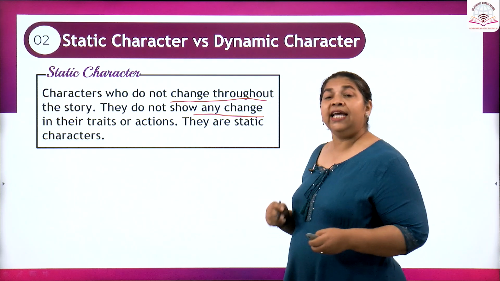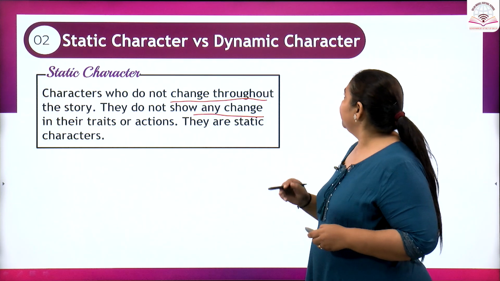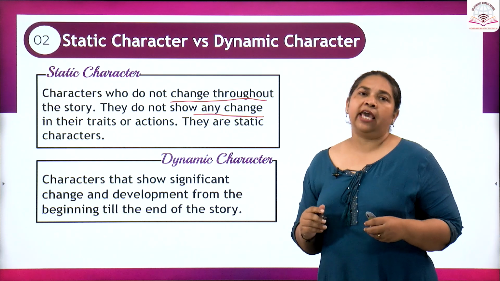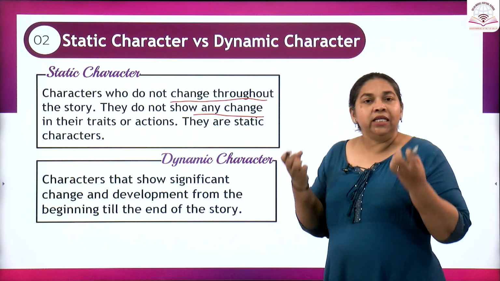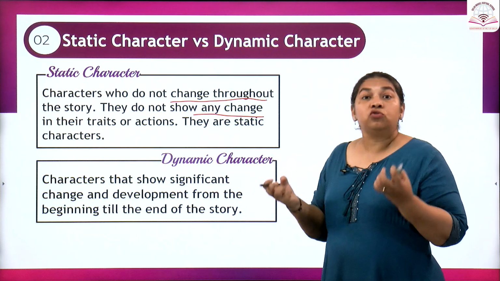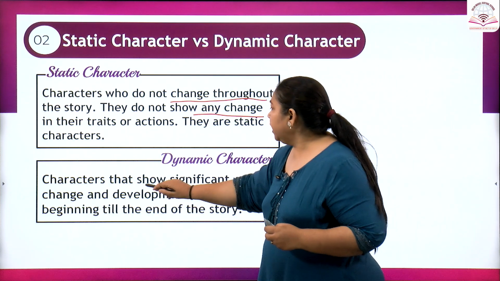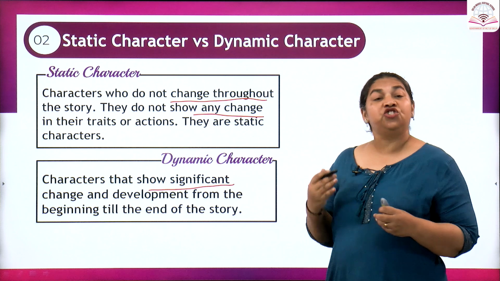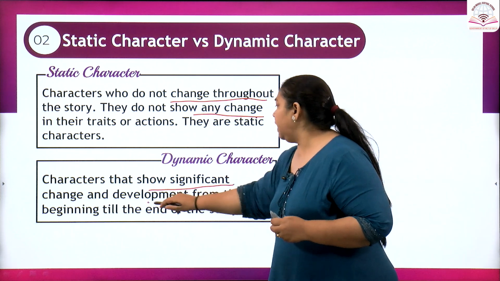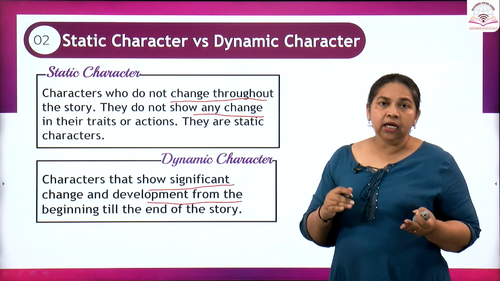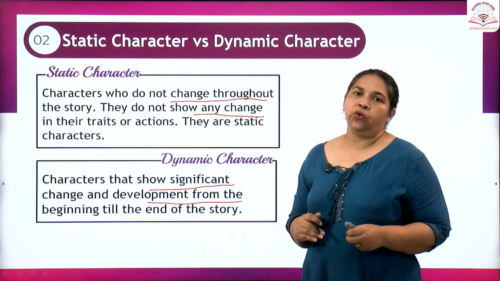So they are known as static characters. Next is dynamic characters. Dynamic means those who are very strong, very moving. They are characters who show significant change and development from the beginning till the end of the story.